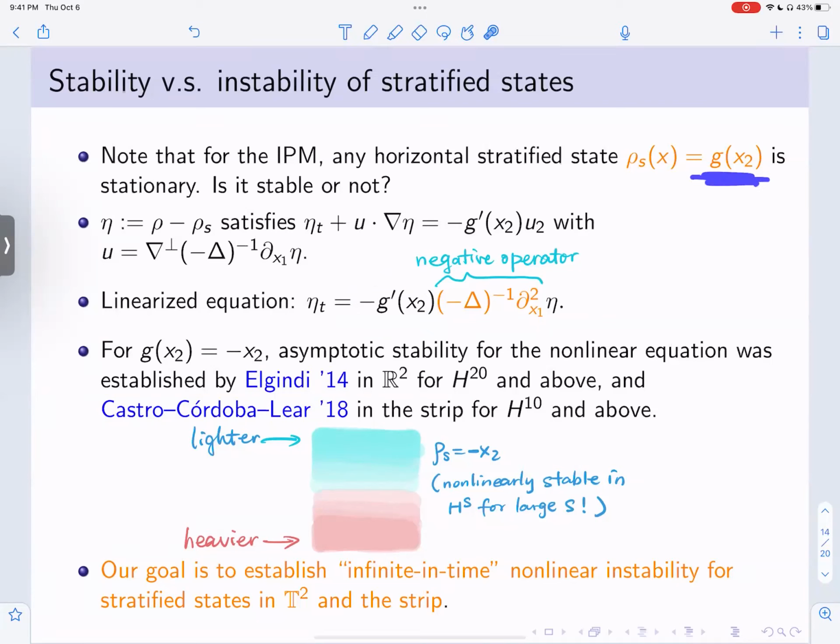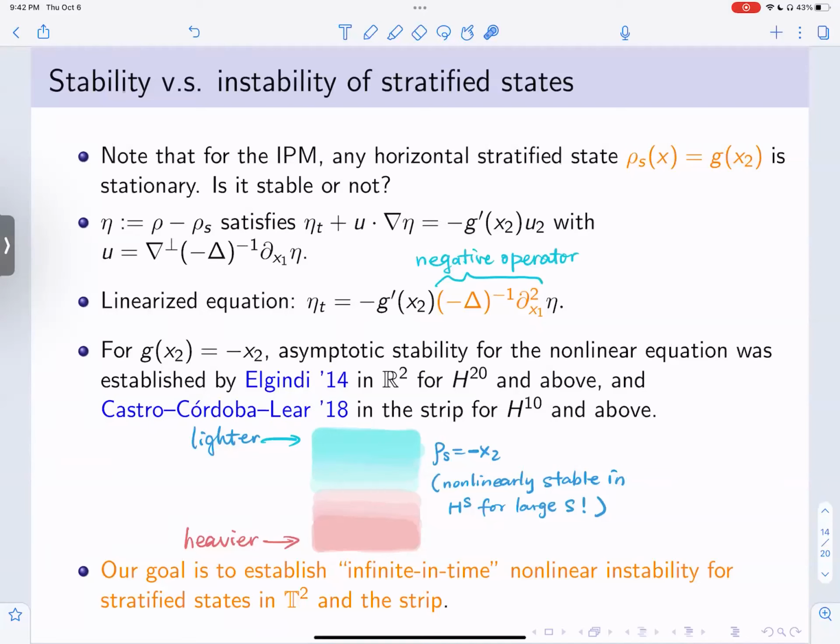Here, G is the profile of the steady state. And it means that if G prime is always negative, then this will be a positive number. So intuitively, we would expect eta to be stable, right?